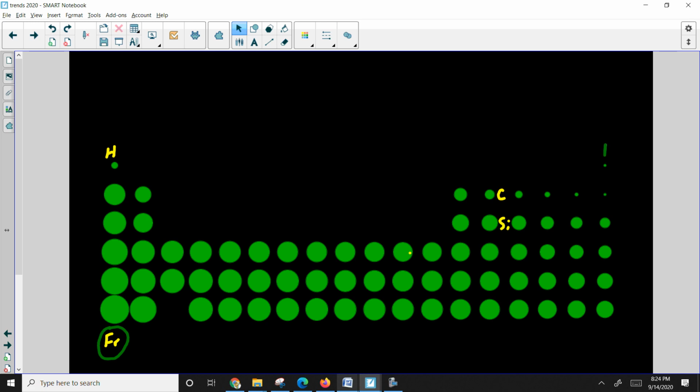So if you look at the smallest element in the entire periodic table, this little speck here, is going to be helium. And if you look at the opposite end here, francium would be the largest. Well, what the heck is causing this trend? So let's look at the electron configuration, and that's going to help us figure out what's going on, because the size of an atom is really determined by the electrons.